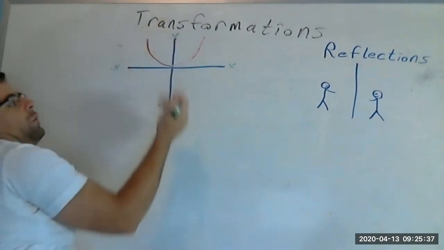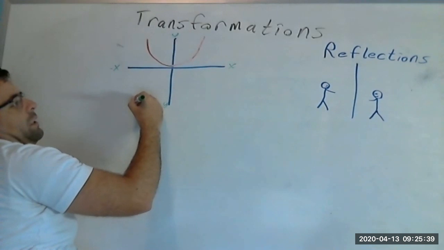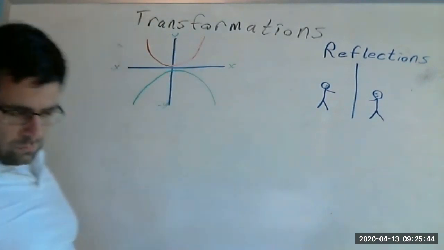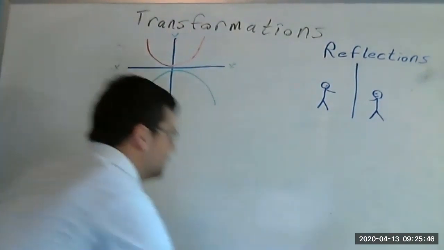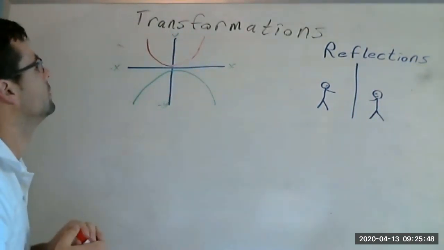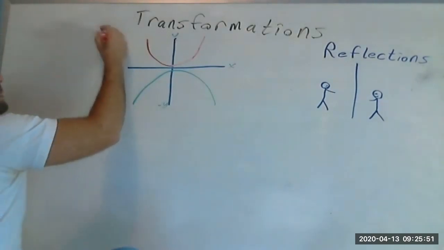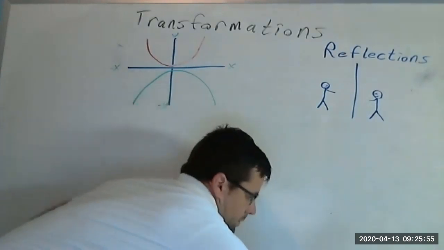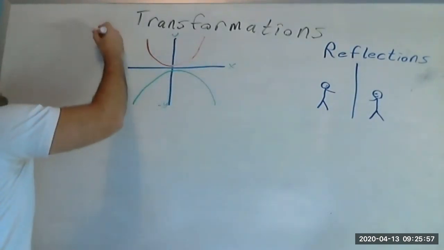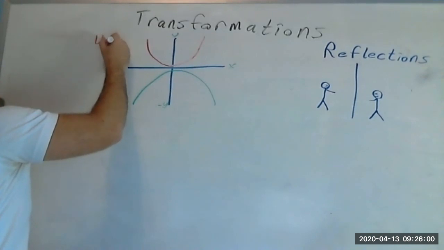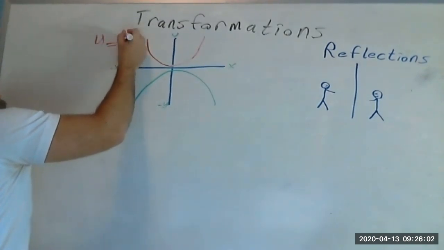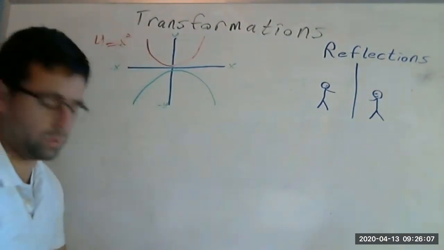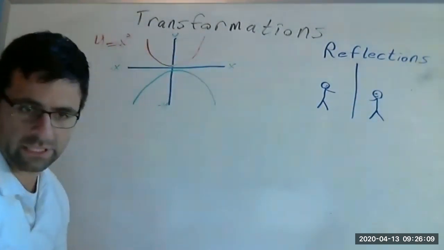So if we flip it over the x-axis, we're going to get something that looks like this. We started off with y equals x squared as our graph.